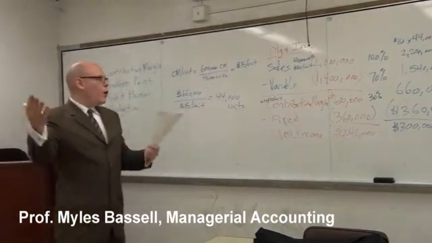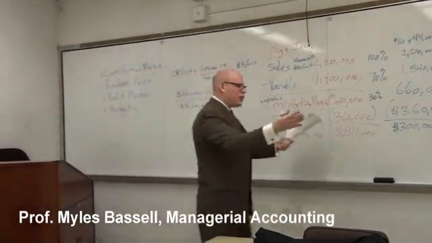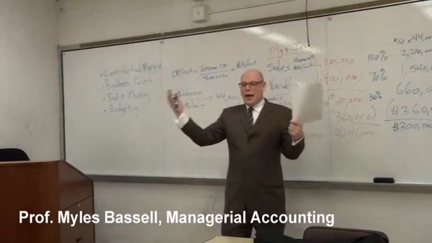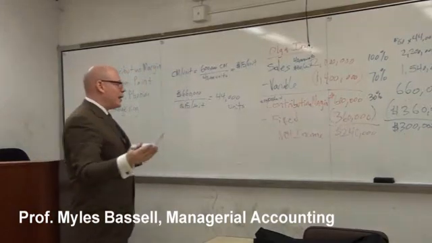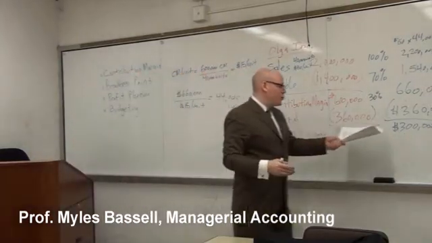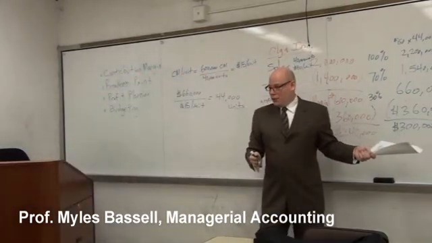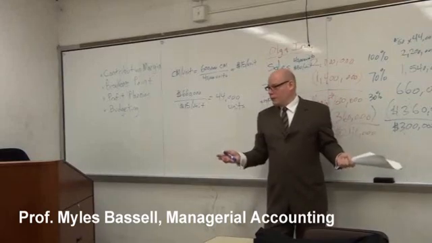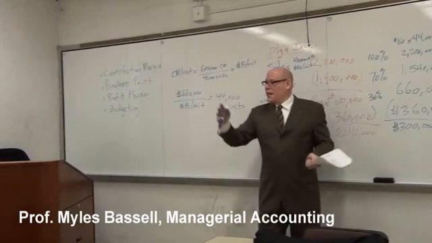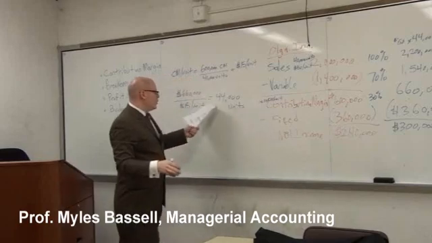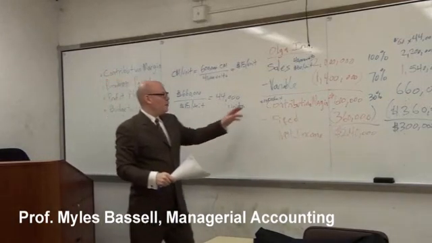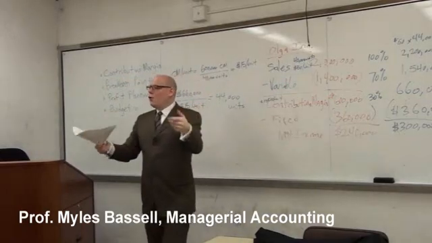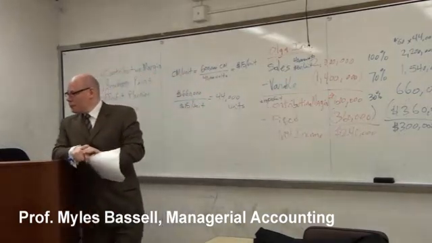So do you see why we would want to do that? I mean, do you think that's reasonable as a managerial accountant or as an executive? Why do you want to go through this analysis and say, well, what if it was 300,000? Or what if it was 400,000? Because then the next question is, if it's 44,000 units that we need to sell at $50, how are we going to achieve that?